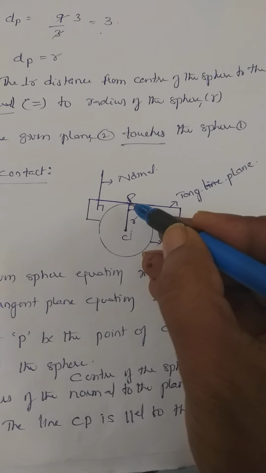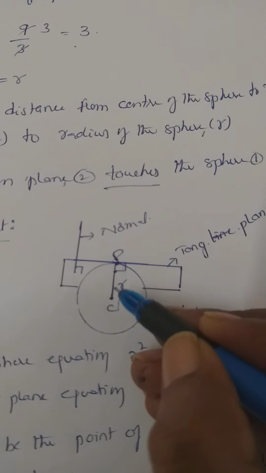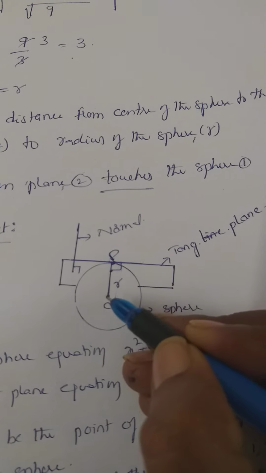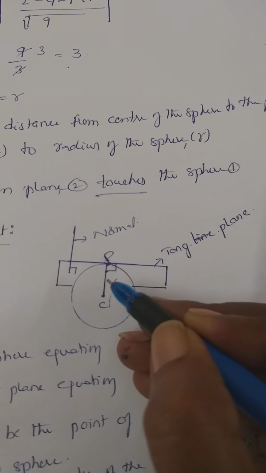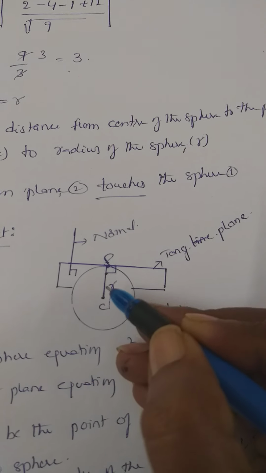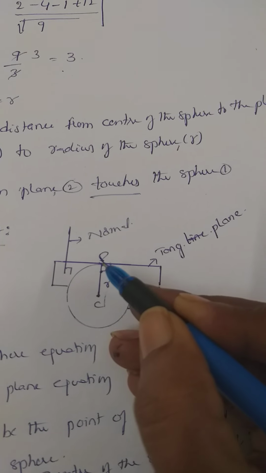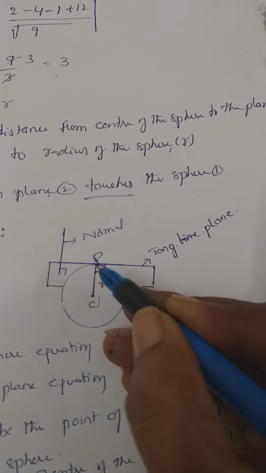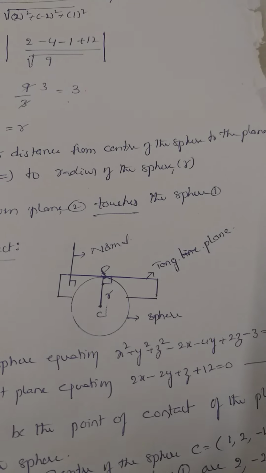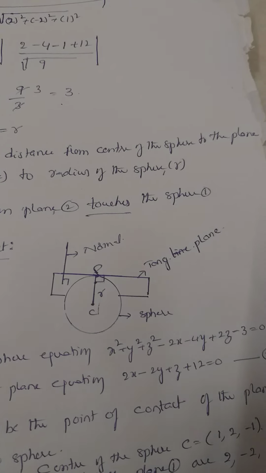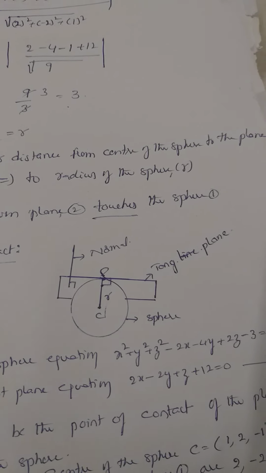Now here from the figure, this is a line, no? Cp is a line, and the distance is the radius. Here cp is a line, this line touches the sphere at the point p, no? That means p is the point of contact of the line cp and the sphere, we can say, no?